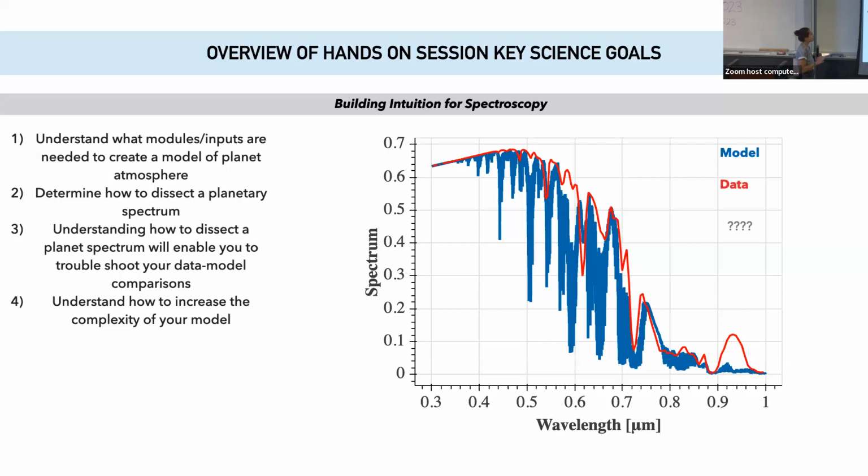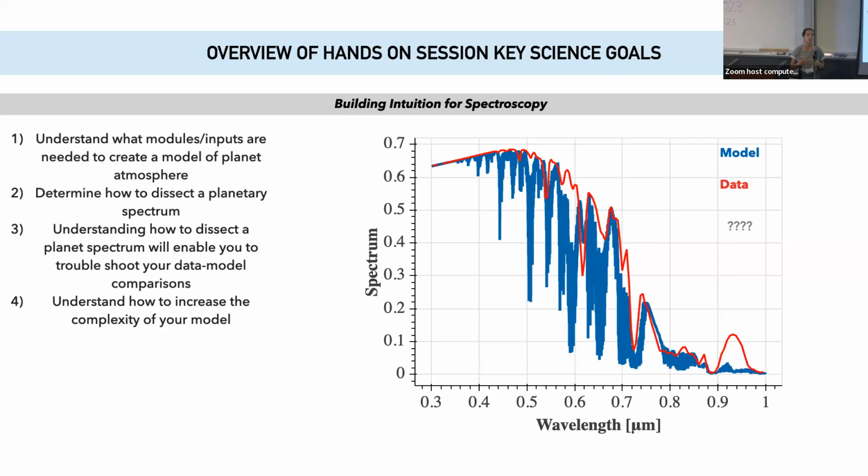So in general, your goals for today and the next, I have no concept of time, two hours, whatever, minus what I've been talking, are: one, at the very base level, just understand what modules and inputs are needed to create a model of a spectrum. If that's the only thing you learn, I think that's awesome. Two, determine how to really dissect a planetary spectrum.